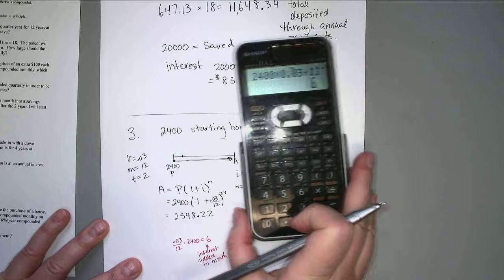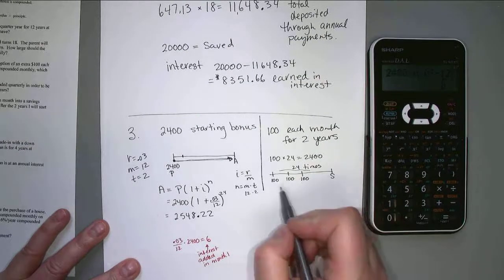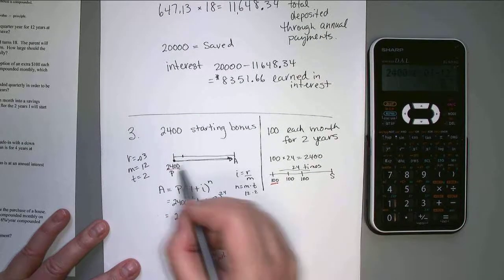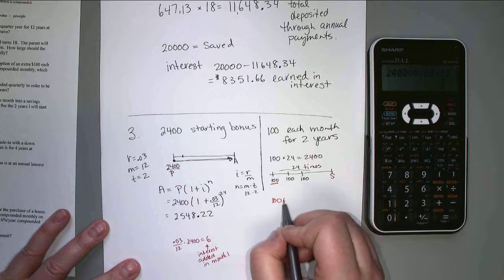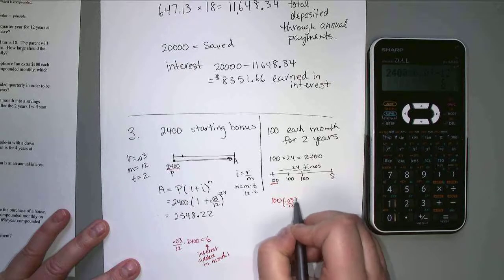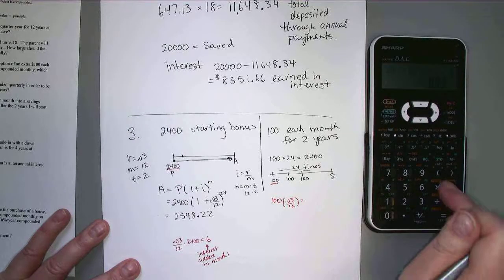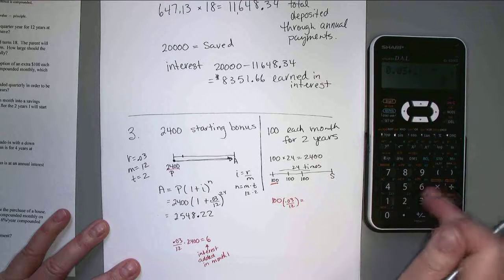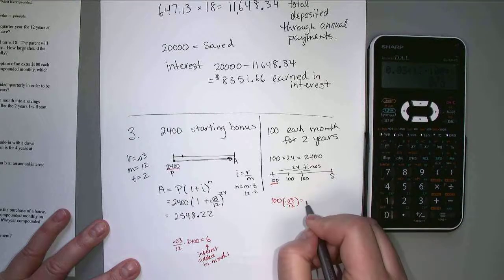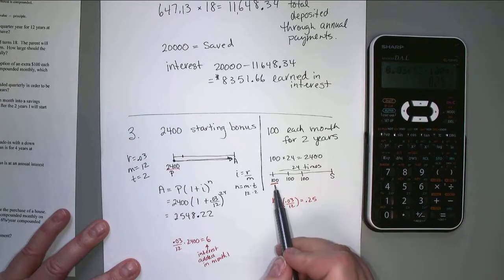Now, what's the interest added in month 1 here? Well, in month 1, we only have $100 instead of the 2,400. So here we have 25 cents added on.